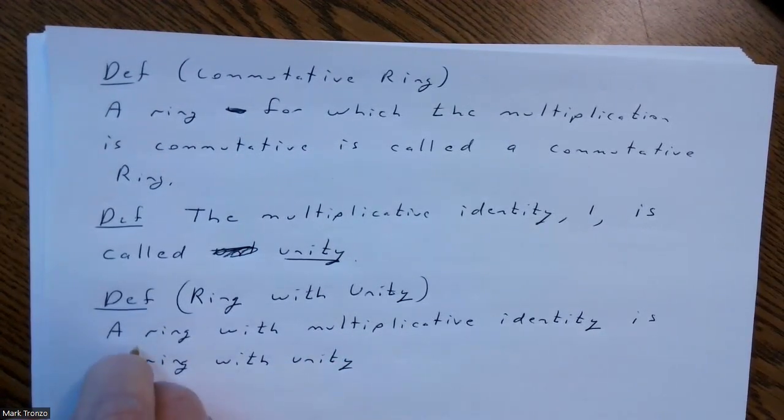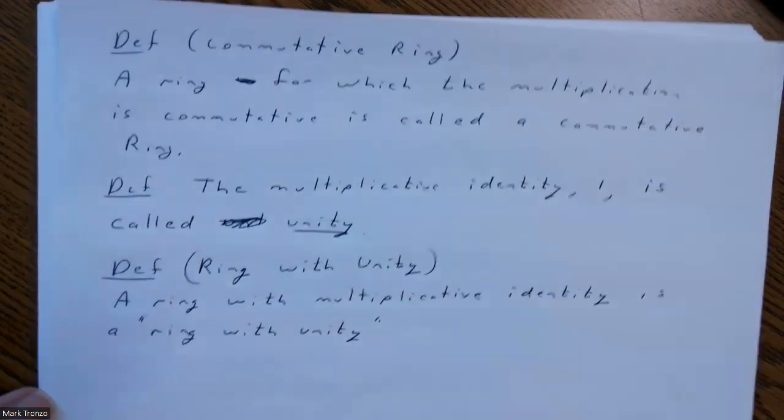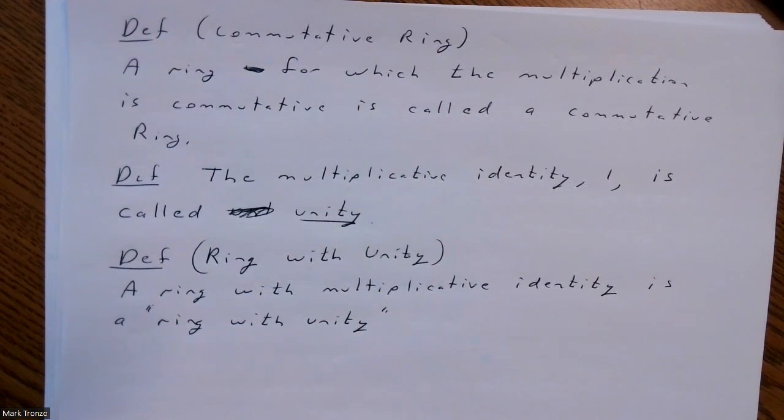That's the definition. If it happens to have a multiplicative identity, it's called a ring with unity.